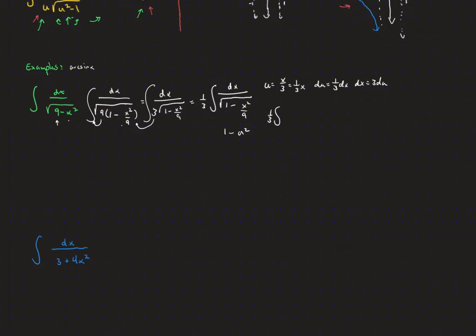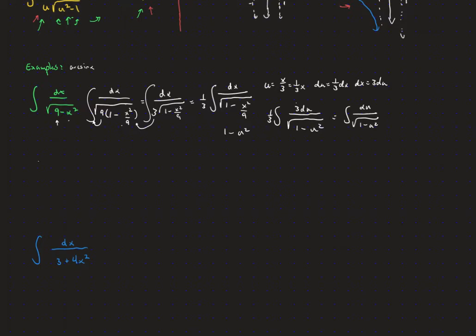The dx we're going to replace by 3 du. We now have the square root of 1 minus u squared. We're almost there. The 3 is going to come outside and cancel with that 1/3, and we have finally gotten the integral that we want, du over the square root of 1 minus u squared.